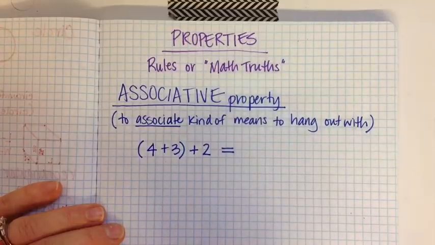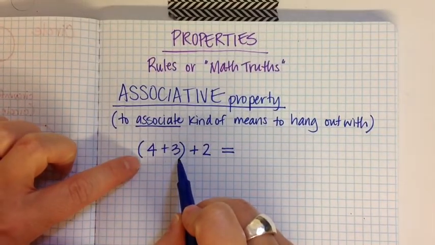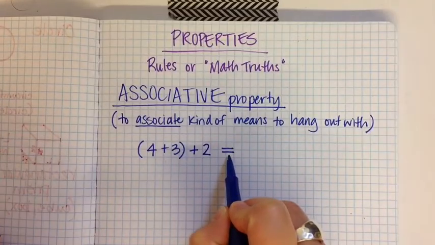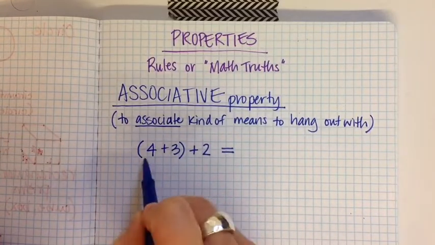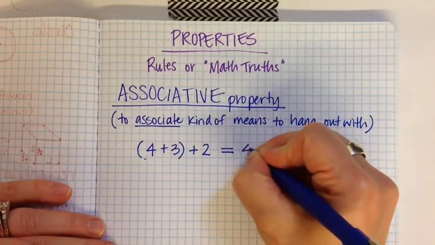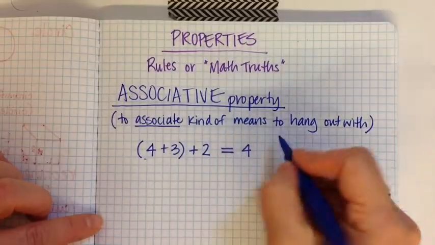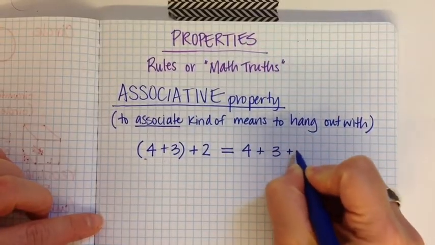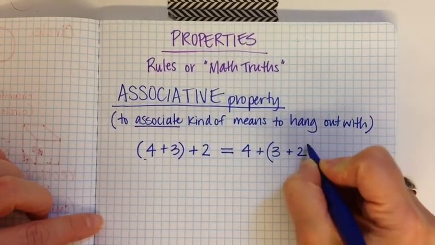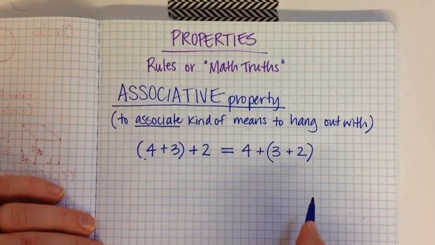It is a math truth or a rule that I can change which numbers are hanging out, but it won't change that it's equal to what it was before I changed the parentheses. So I can change the parentheses, not the order of the numbers. So I'm still going to have 4 plus 3 plus 2. But now the 3 and the 2 are hanging out, and they're actually still equal.